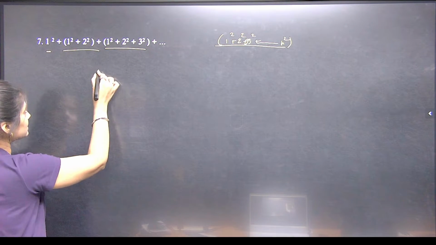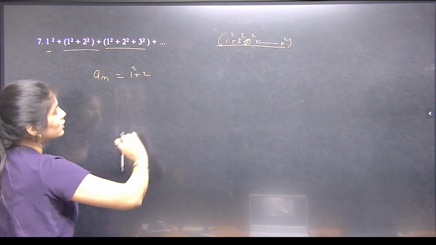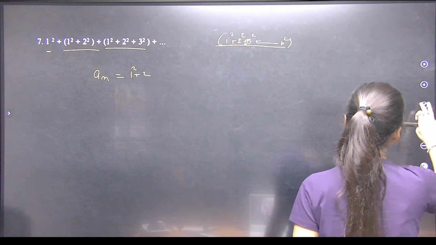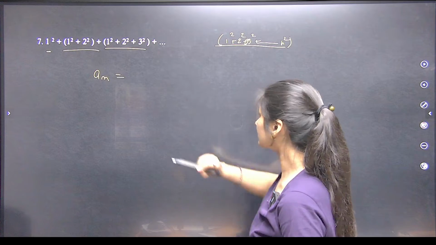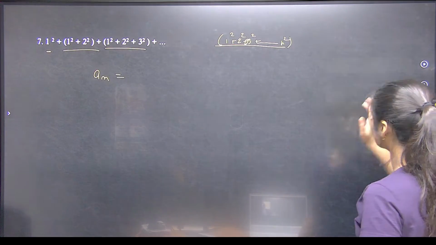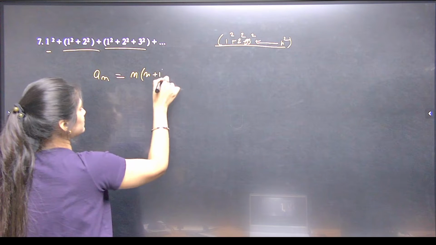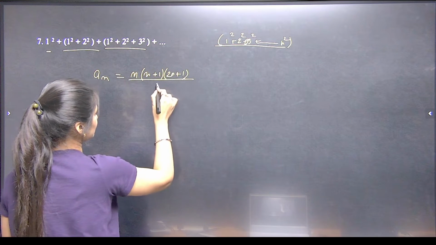So what is nth term for us? It is 1 square plus 2 square something. So what is the formula of this thing? We know that sum of squares of natural numbers is n into n plus 1 into 2n plus 1 by 6. Isn't it?